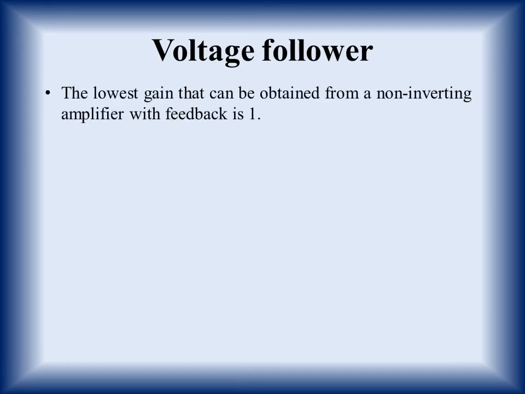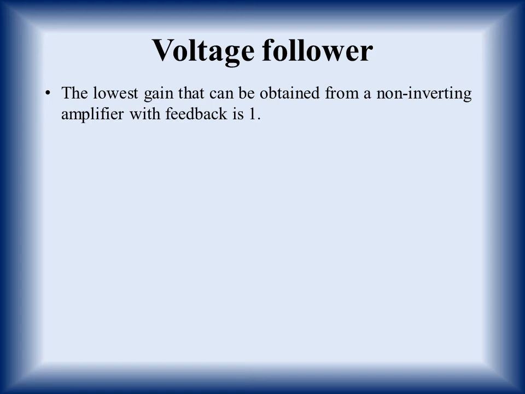Now we have discussed non-inverting amplifier with feedback. We will discuss its application in detail in further lectures, but one property of non-inverting amplifier is voltage follower. This we will discuss here. So what is voltage follower? Now if you remember the gain of non-inverting amplifier, it comes out to be AF is equal to 1 plus RF upon R1.